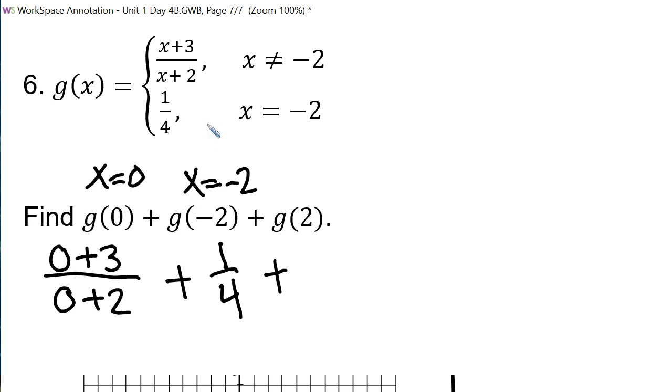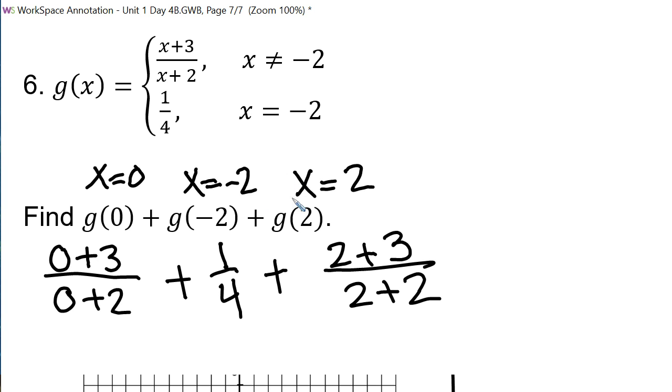Then for the last one, we have x equals positive 2. So for x equals positive 2, do we use the top one or the bottom one? The top one. So that would be 2 plus 3 over 2 plus 2. Now that's what I need to see. Then I need to see some work with that.